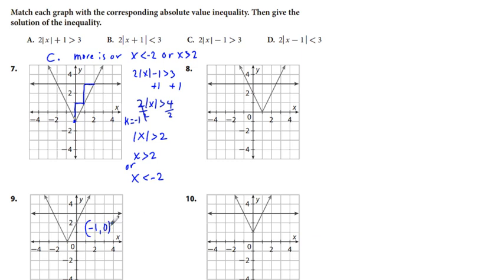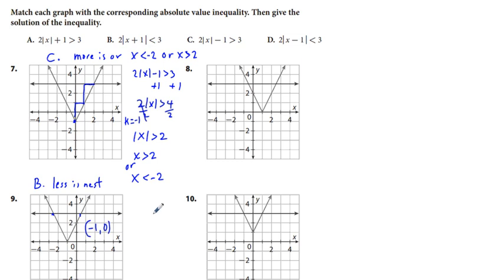So what we're going to get for that is +1 inside the bracket here, which is going to be B, and it's a less than, so that's going to be B. Less than means we're going to be between, it looks like, -2.5 and 0.5.